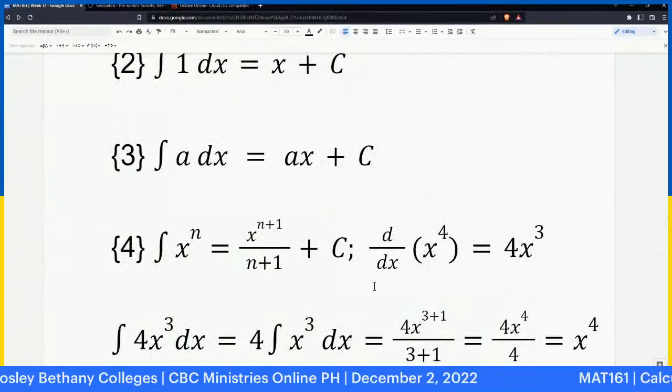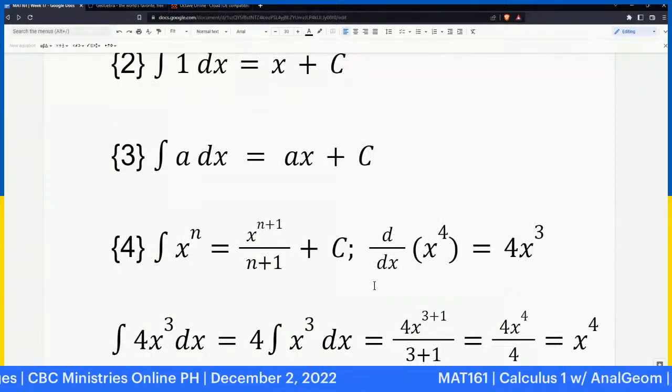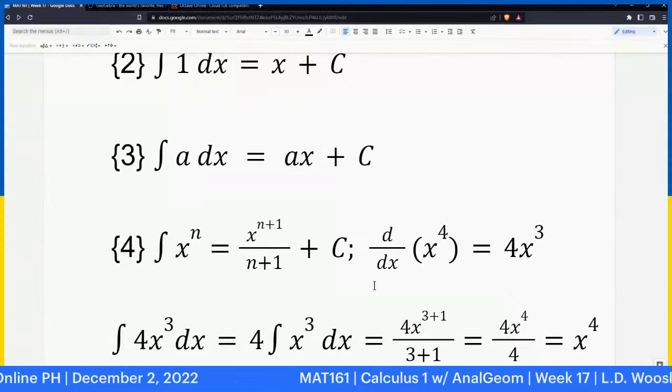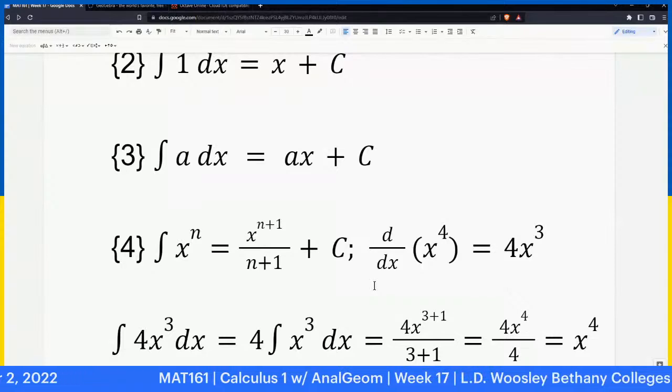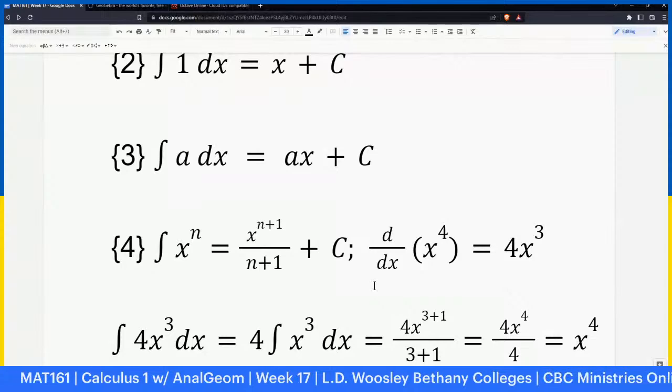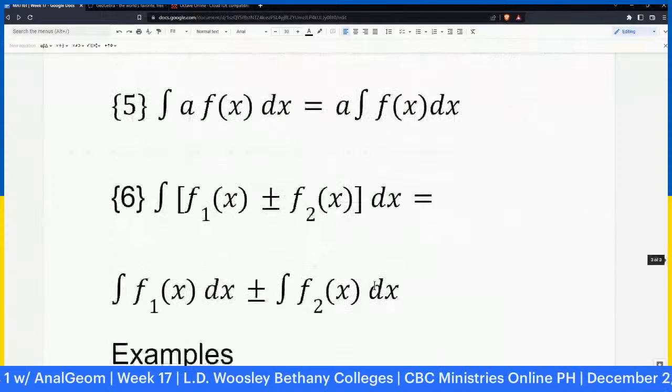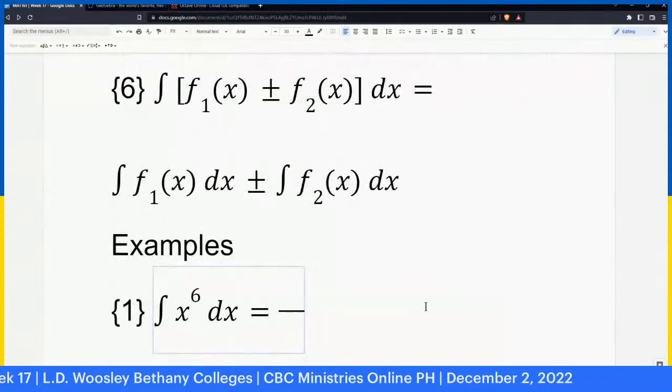Nora, I don't know if you could see this. The integral of x raised to n is equal to x raised to n plus 1 all over n plus 1 plus c. So what's the answer here?